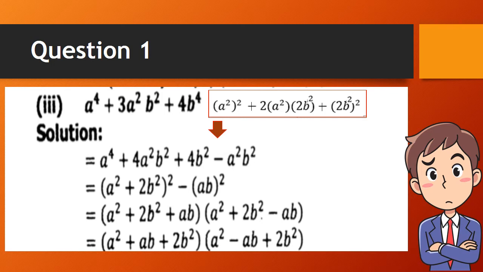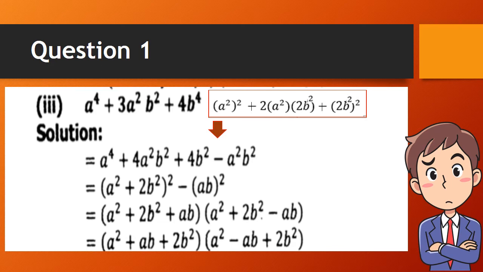So now you can see that in the middle we have 4a square b square, but in the given statement we have 3a square b square. So accordingly we will write 4a square b square minus a square b square. So you have added a square b square and you have subtracted the same to keep it equal.